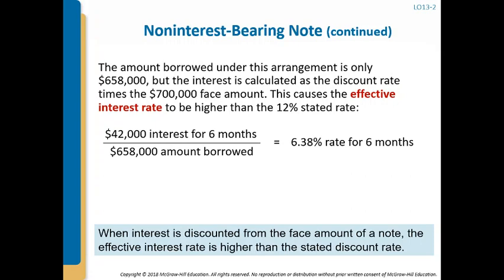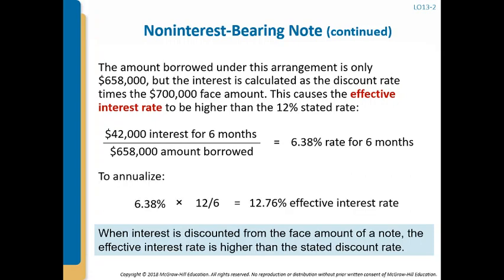So to figure out the annualized effective interest rate, it's simply twice as much, 12.76%. So as they note, when interest is discounted from the face amount of a note, the effective interest rate is higher than the stated discount rate.